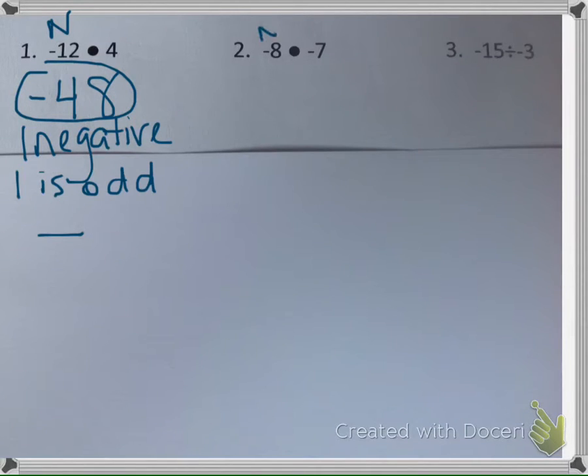Number 2, you have a negative 8 times a negative 7. You have two negatives. Okay, the number 2 is an odd number. So your answer is going, I'm sorry, the number 2 is not an odd number. The number 2 is an even number.